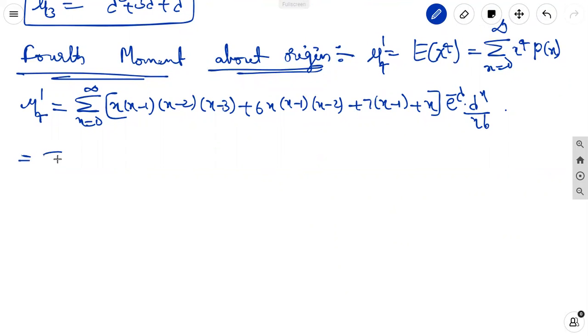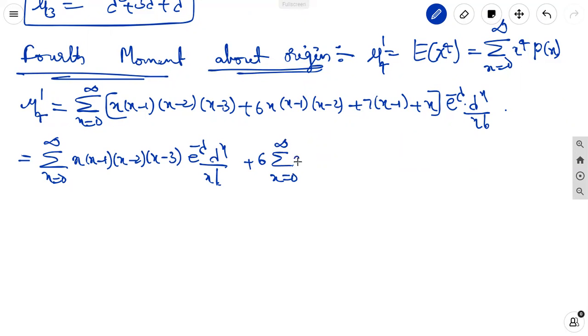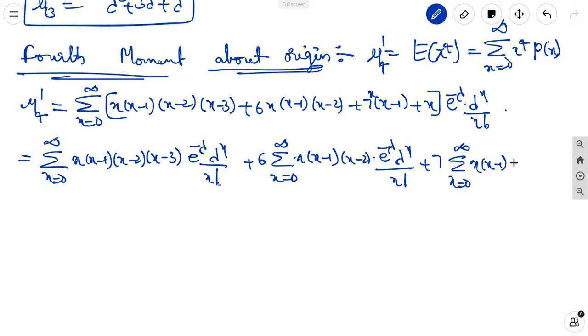Write separately: summation x equal to 0 to infinity x into x minus 1 into x minus 2 into x minus 3 e power minus lambda lambda power x by x factorial, plus 6 outside, summation x equal to 0 to infinity x into x minus 1 into x minus 2 into e power minus lambda into lambda power x by x factorial, plus 7 into summation x equal to 0 to infinity x into x minus 1 e power minus lambda lambda power x by x factorial.